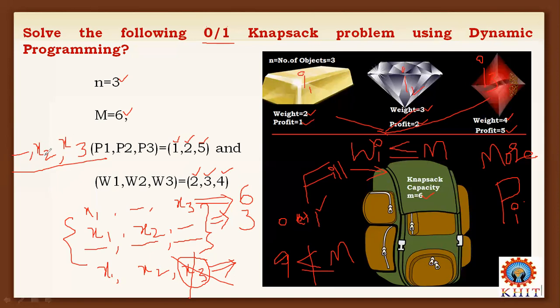Second item selected, weight is 3, and the third weight is 4. 4 plus 3, total weight is 7. 7 is not less than or equal to 6. The condition is false. So this is also not possible to fill the knapsack.